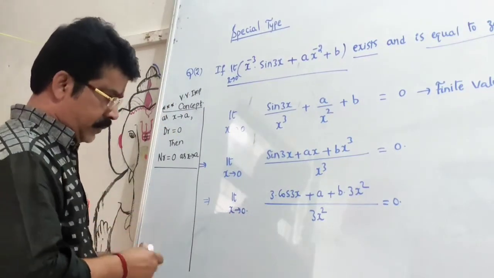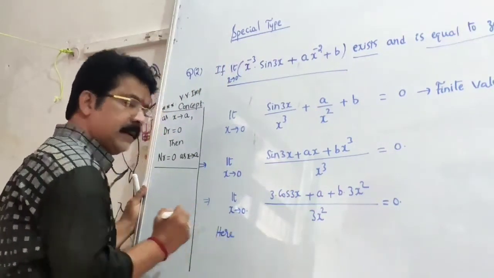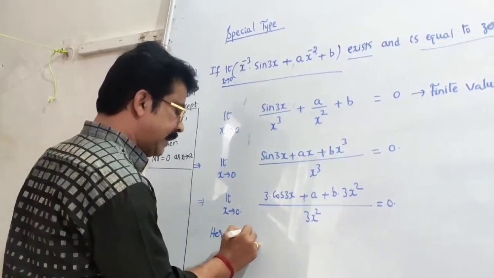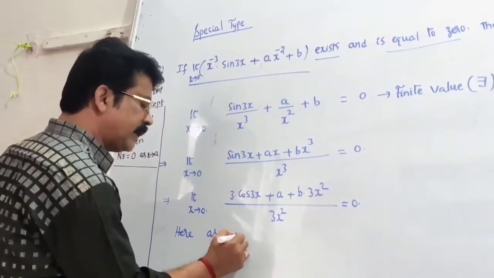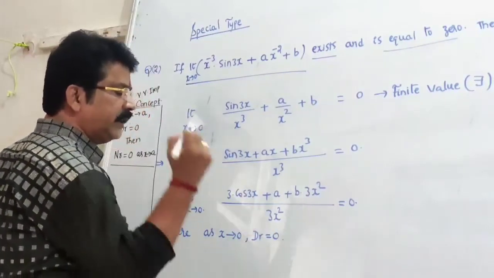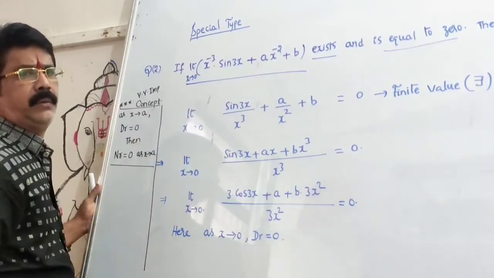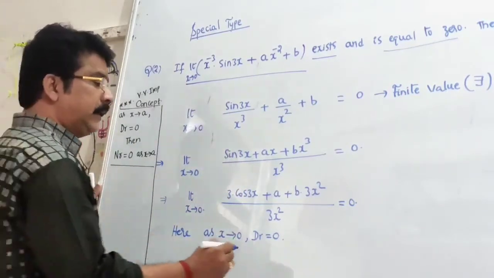Okay. So therefore, here, as x tends to 0, the denominator is equal to 0, or we can say tending to 0. Nothing is wrong, right?